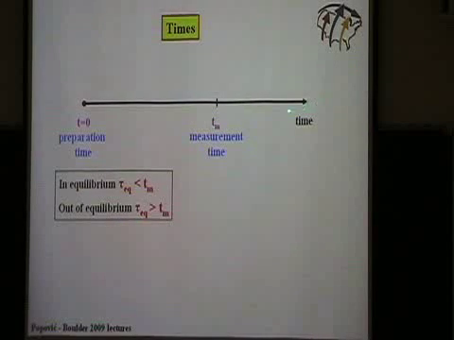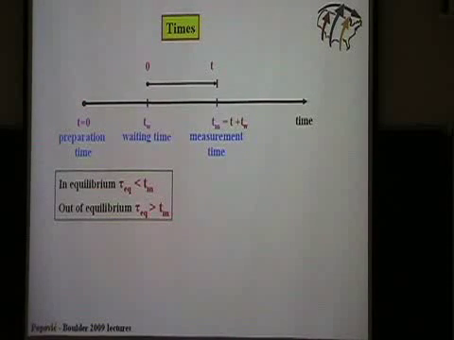So the equilibration time is somewhere here, and when we do the experiments, we prepare the system, we cool it down, and then after some time called the waiting time, we apply some kind of perturbation, which is what we just did, and then we measure the relaxations, that is how the conductivity depends on time.